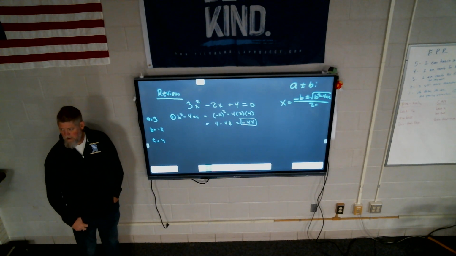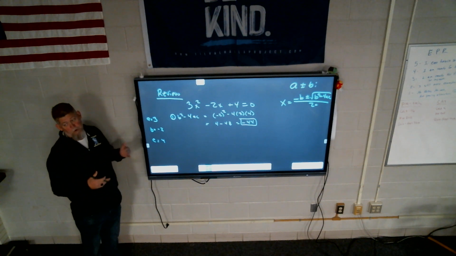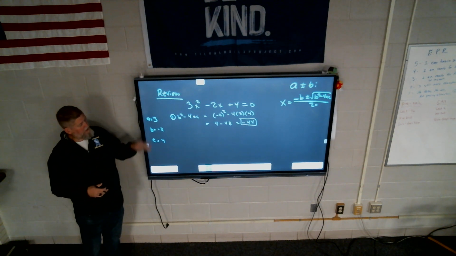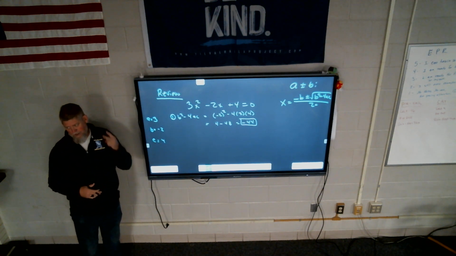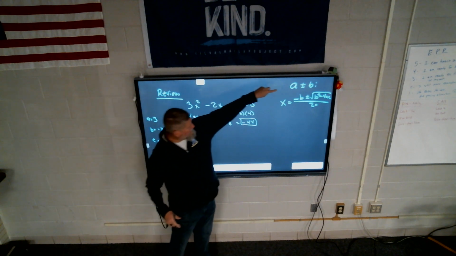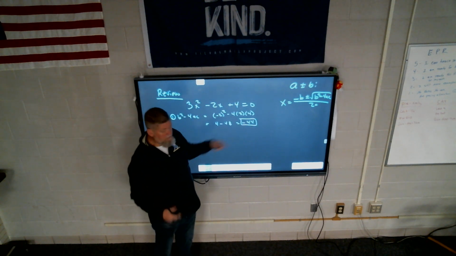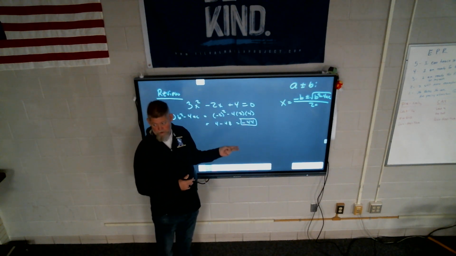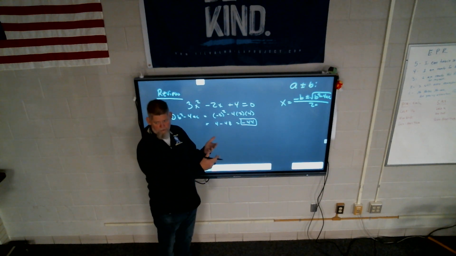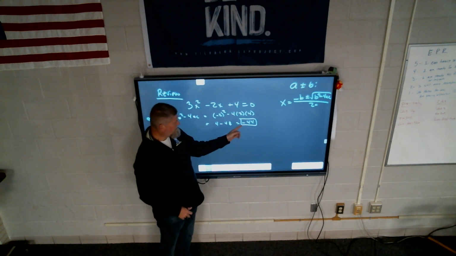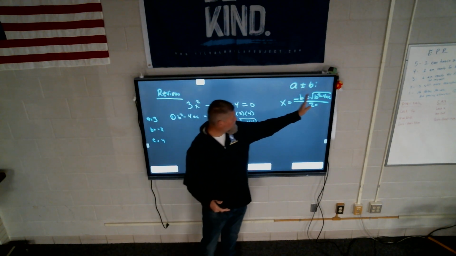What's the discriminant again? So the discriminant tells me what my answer is going to be. If my discriminant is negative, I'm going to have 2 complex answers. If this is positive, I'm going to have 2 real answers because I could actually take the square root of a positive number. If it's 0, then all of this goes away and there's just one answer.